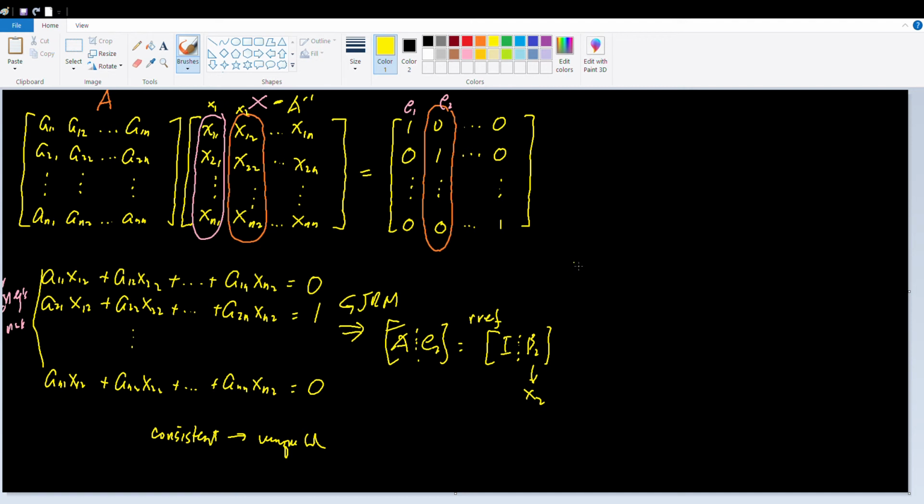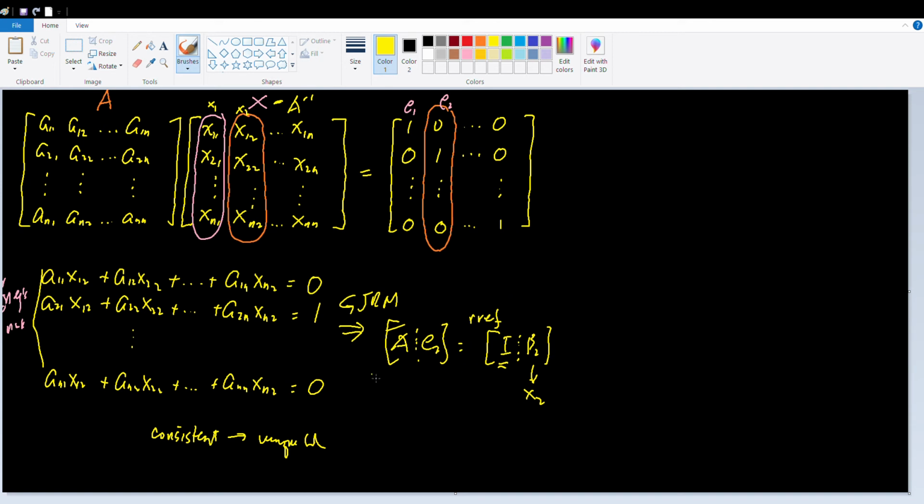Now, we see that repeated application will result to the same identity matrix for the first n columns of the resulting matrix in the reduced row echelon form.